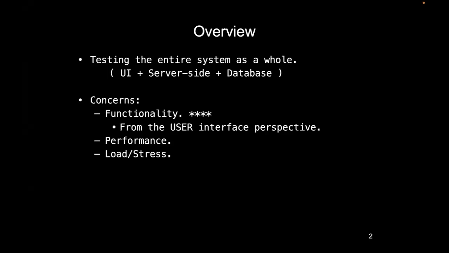But it could be a mobile app, it could be a desktop app. That's where the UI might be running. But either way, it's some sort of distributed application that does have a user interface, and it has some sort of backend, let's say.